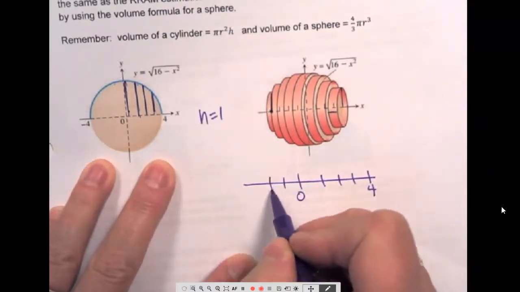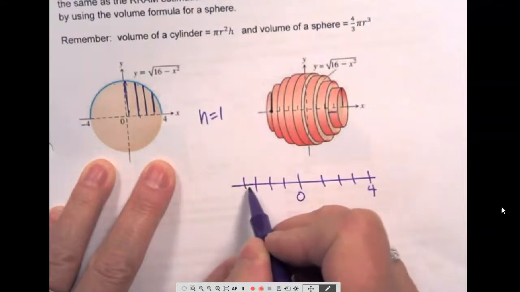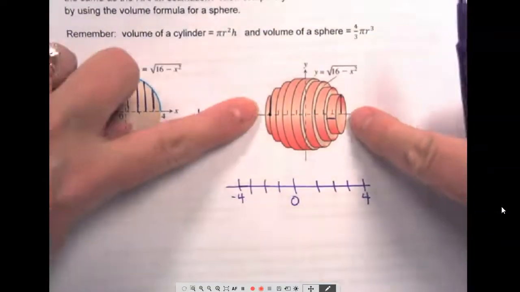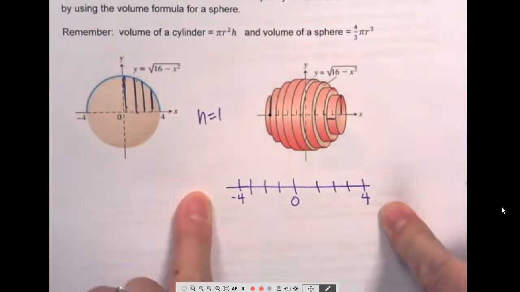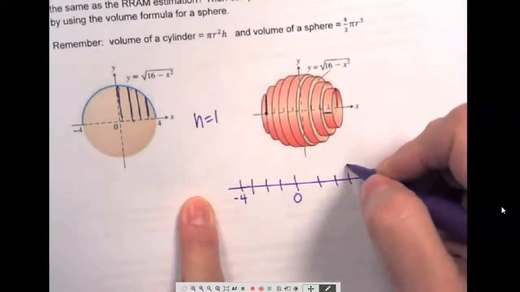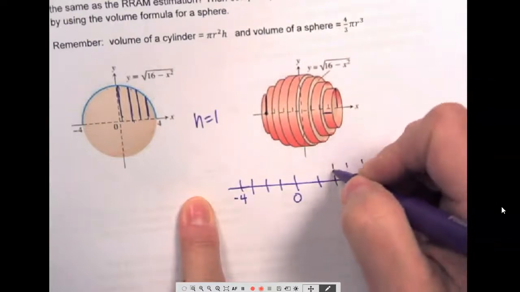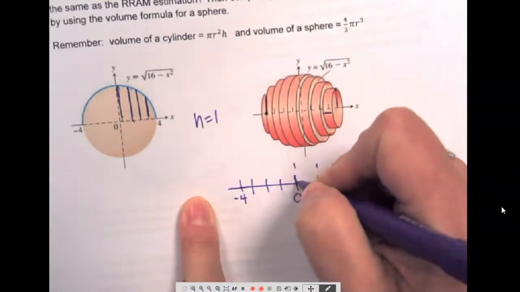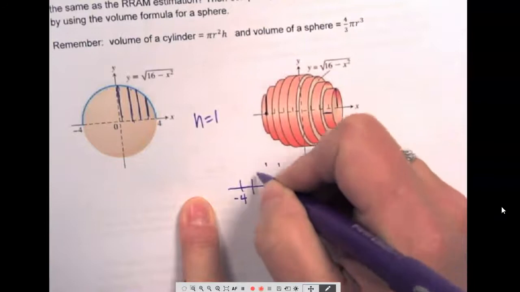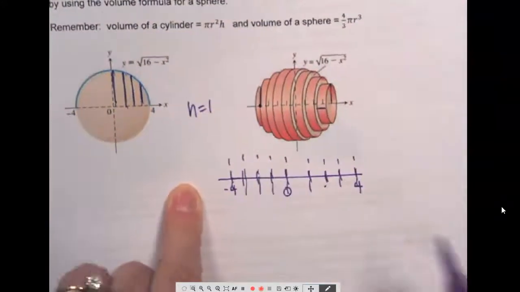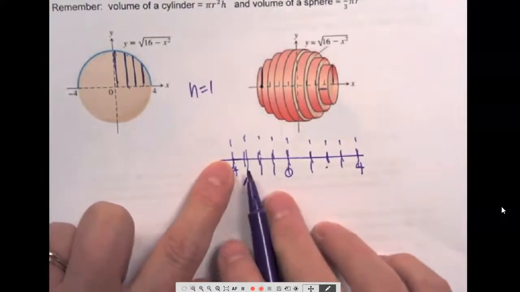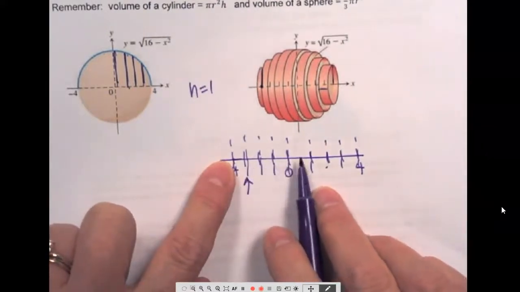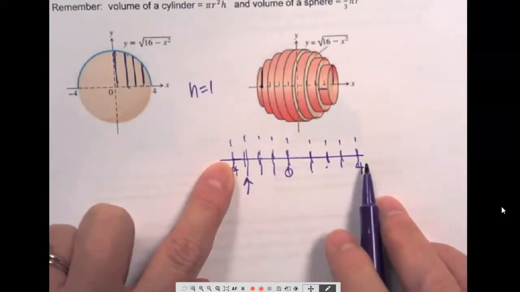And then 1, 2, 3, 4. This is where this cylinder is hitting the x-axis, so to speak. Okay, so I have a slice, slice, slice, slice. So I'm going to start here for right RAM. I'm going to use 1, 2, 3, 4, 5, 6, 7, 8.